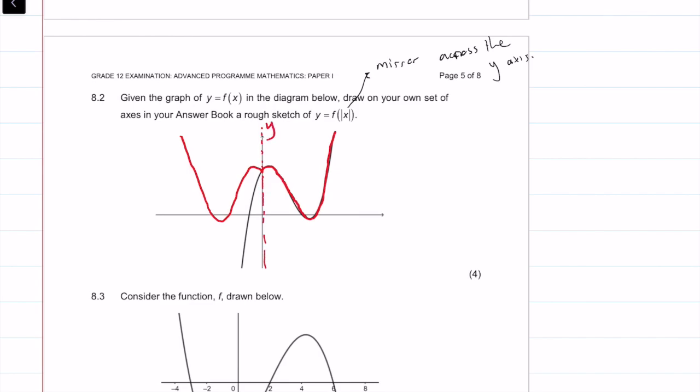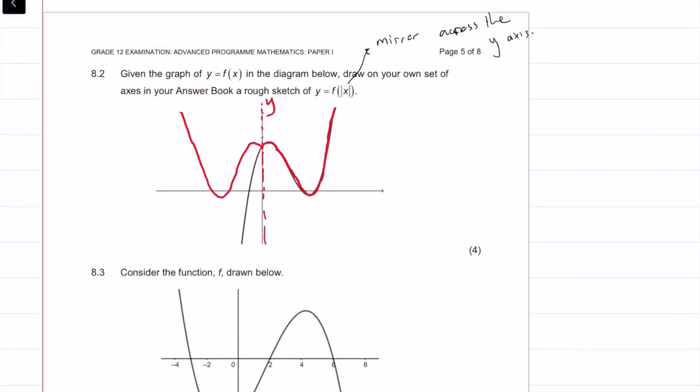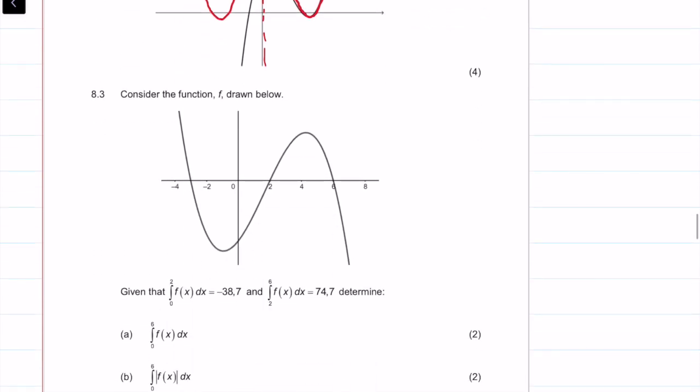The reason for that is that wherever the function is negative, we're just taking the positive value. So we're going to get the graph that we have now. What's in red would be your answer. Then we move on to the next question.